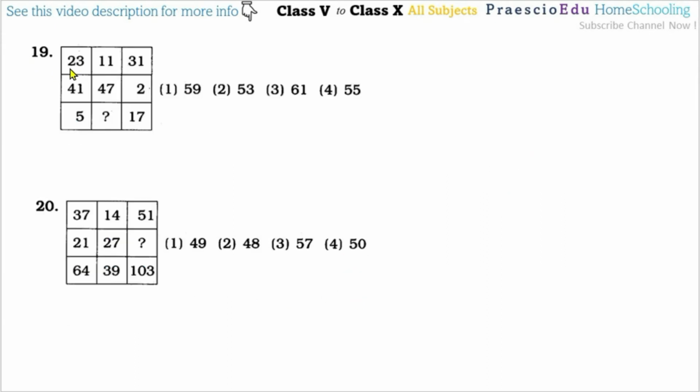Question number 19. If you observe this table, these are the prime numbers. After the 2 there is a 3, then 5 is there. After this one, 7 is a prime number.